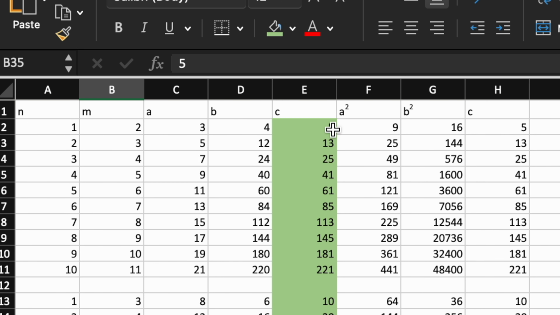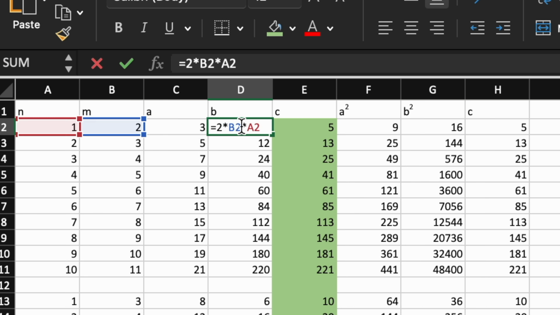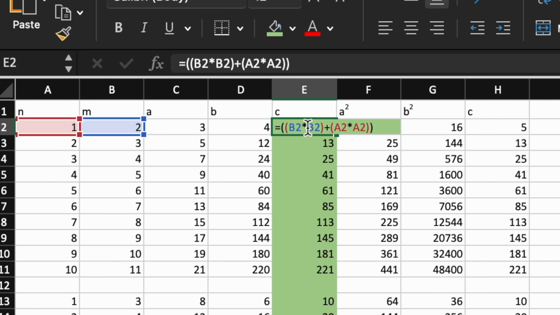So for A, I plugged in the formula as m squared minus n squared, and for B it will be 2mn, and then C is m squared plus n squared.